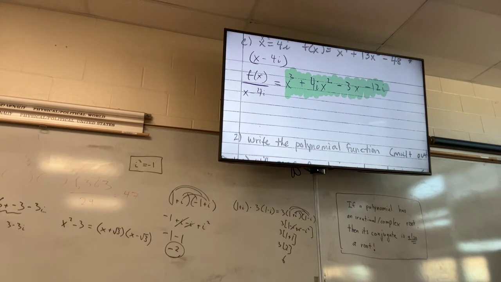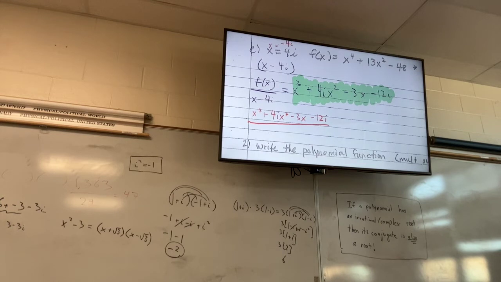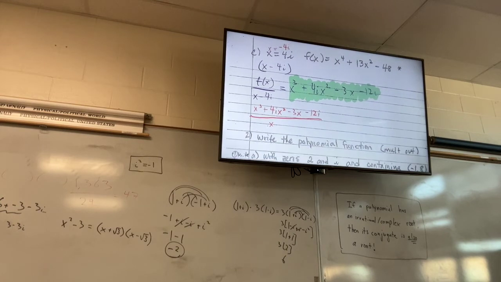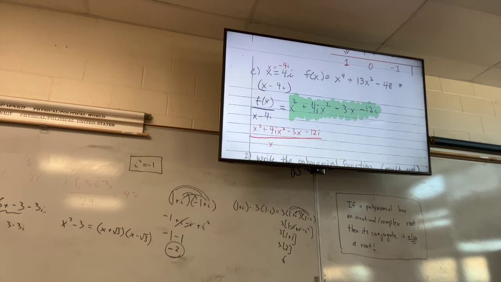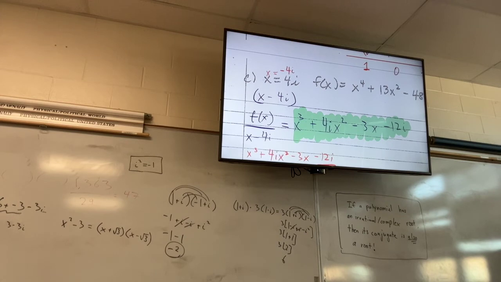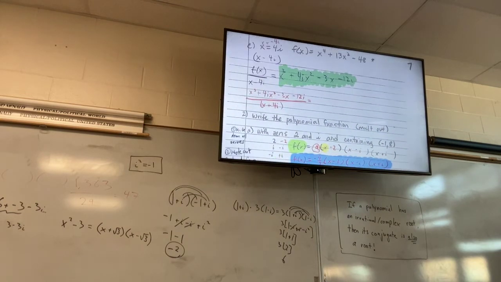So now we can divide this by the other 0. If our 0 is minus 4i, then our corresponding factor is x minus negative 4i, which is x plus 4i. Okay? So we're going to divide this by x plus 4i. Alright, so let's do that synthetic division.